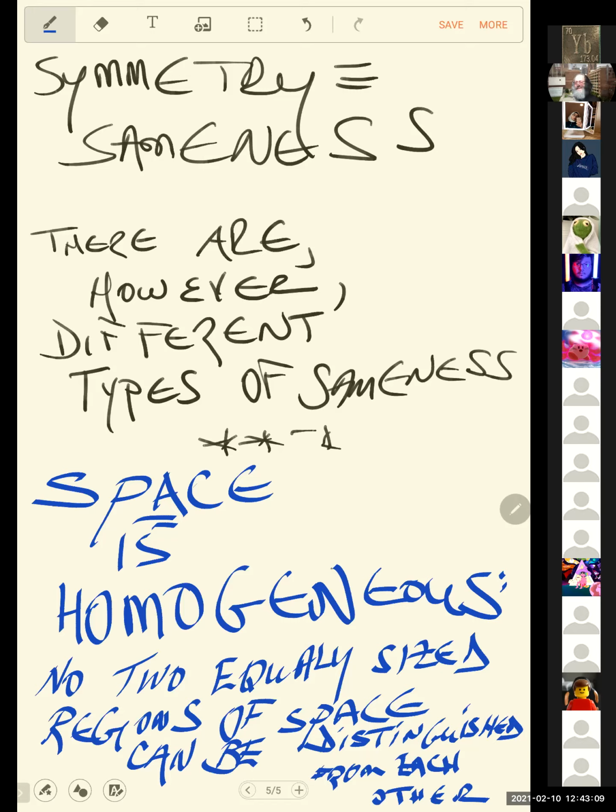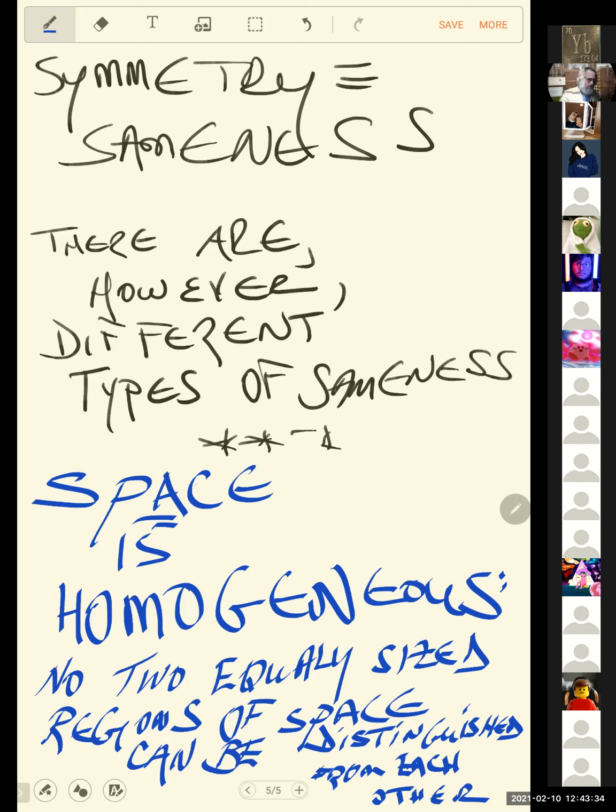There's no way to distinguish a cubic meter of space from over here from a cubic meter of space from over there. That's kind of even what we mean by space, that it's the same stuff everywhere, or the same absence of stuff everywhere. Two equally sized regions of space cannot be distinguished from each other. That's what it means to say that space is homogeneous. Now I'm going to keep going for a second. Again, bear with me.